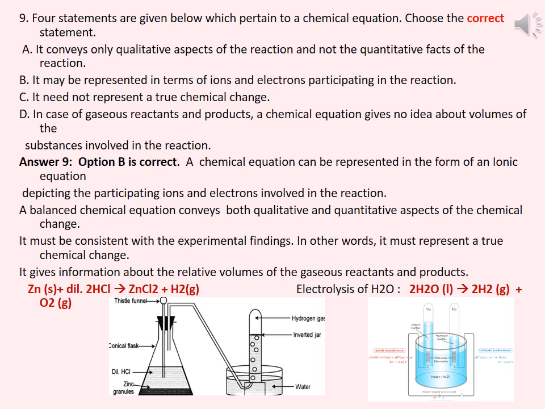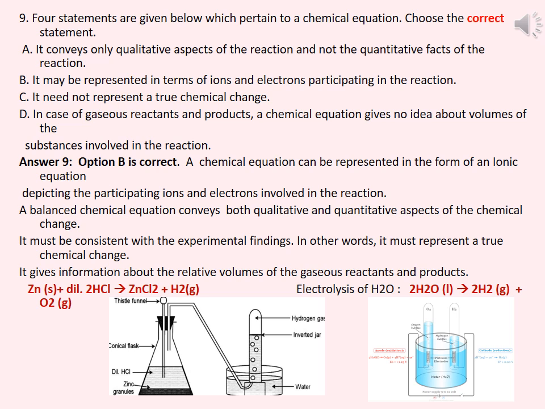The next experiment which I have shown is electrolysis of water, wherein when you pass electric current through water, decomposition of water occurs, with a little amount of acid added to make it a conductor. Oxygen gas is liberated at the anode and hydrogen gas is liberated at the cathode.